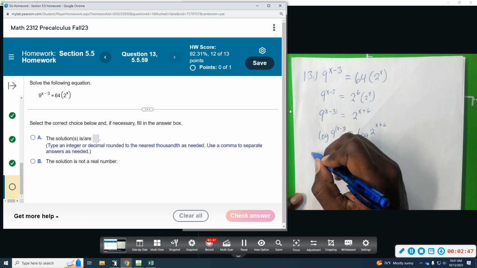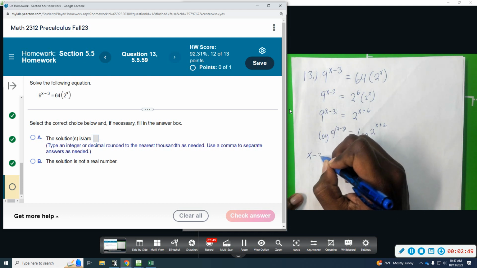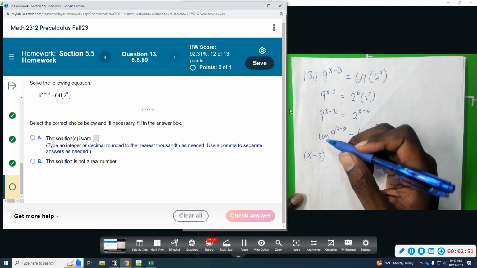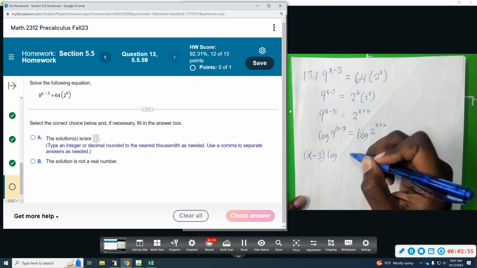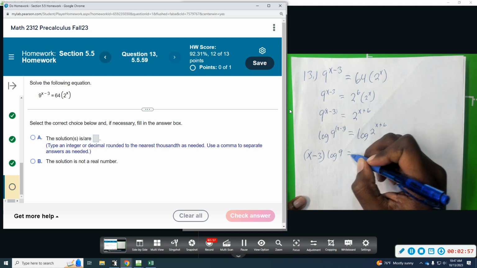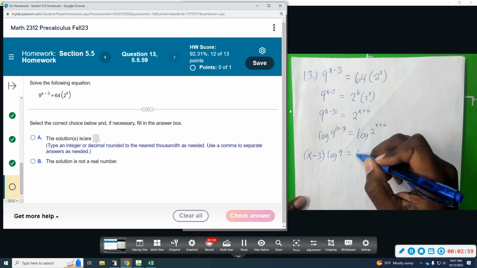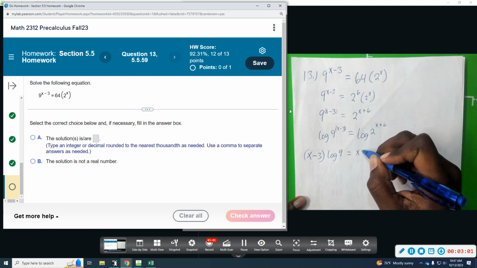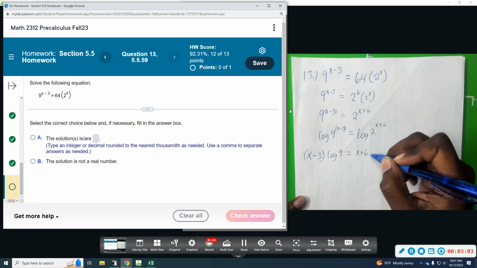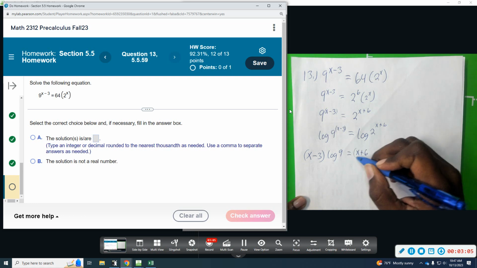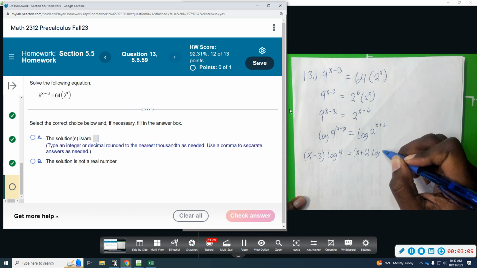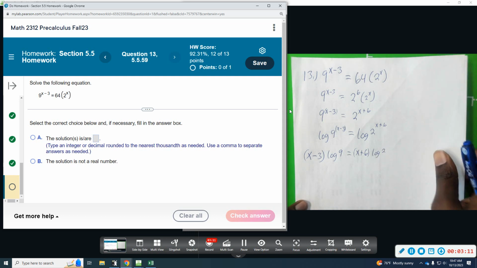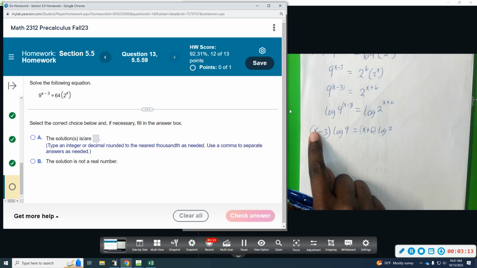So that will give me x minus 3 times log of 9 equals x plus 6 times log of 2.